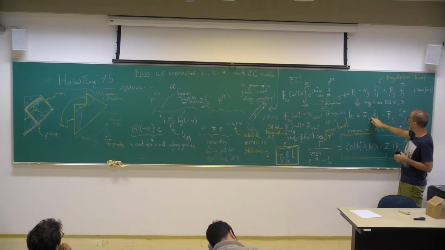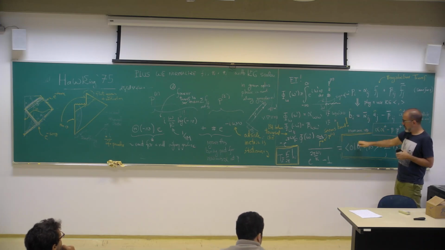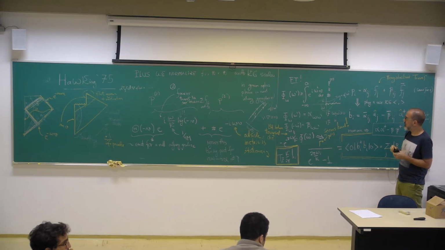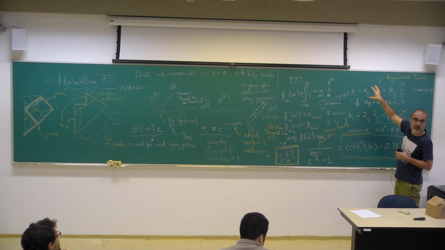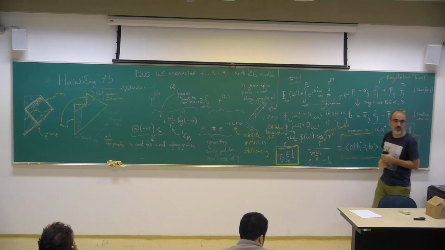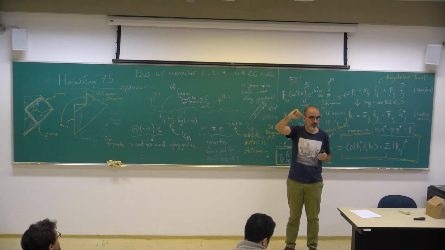If I know how my oscillators acted on the state, I know how they act on the state in the future. I don't know, what else do you want that's even better than this? From this, we learn about expectation values in the future from expectation values in the past, fields in the future from fields in the past. Just that the map is complicated a priori because it's a very complicated collapse.